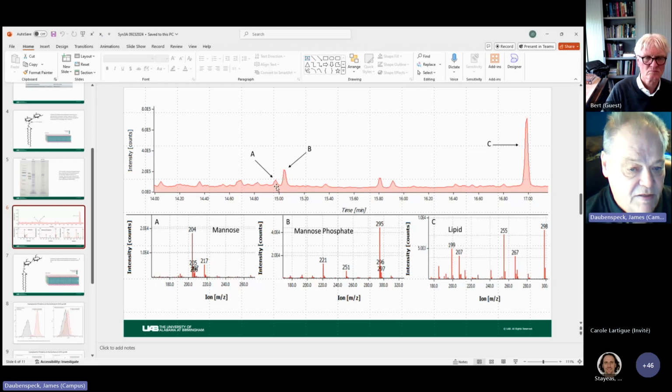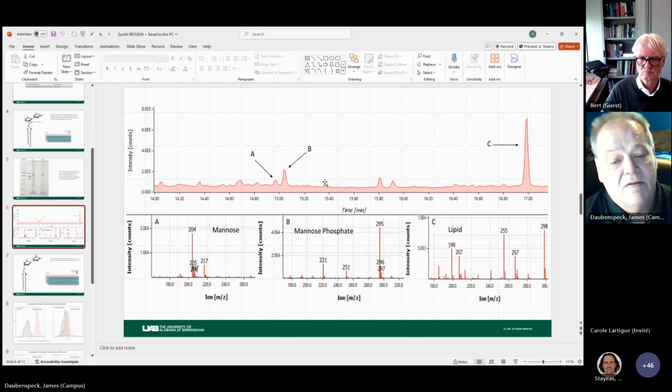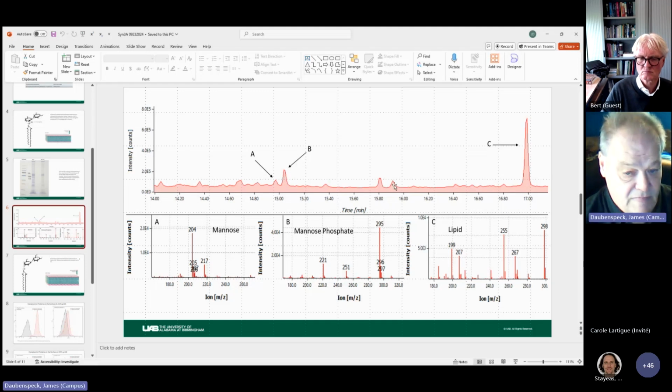This is mannose. This one is mannose phosphate. This is glucose from the hexosylation system that John talked about. And this is our lipid linker. Now, GC has a very unique peculiarity in that lipids show up about 10 times stronger than everything else.